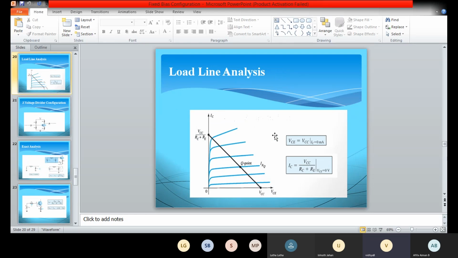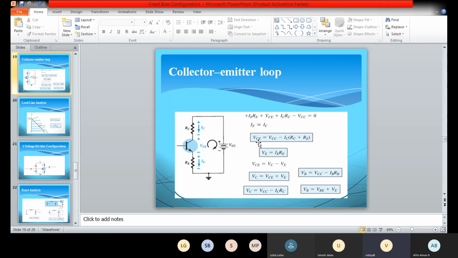Next, load line analysis. When we substitute the value of VCE as 0, then what will you get? The IC value: IC is equal to VCC divided by RC plus RE. That is what you will get when VCE is equal to 0. What about when IC is equal to 0? What will you get?